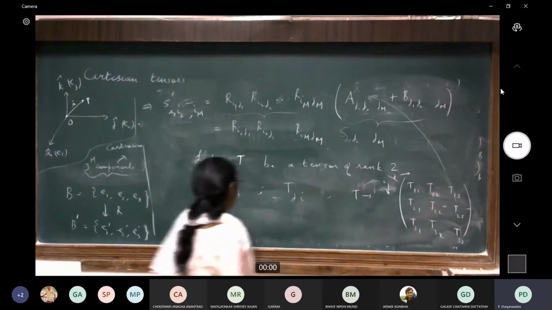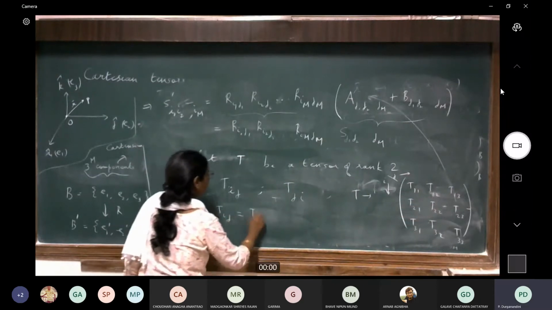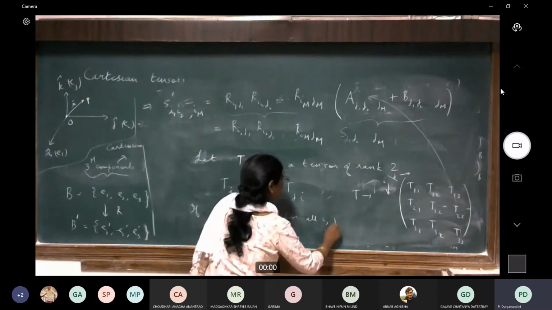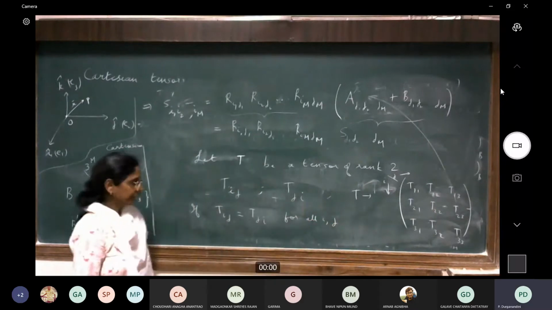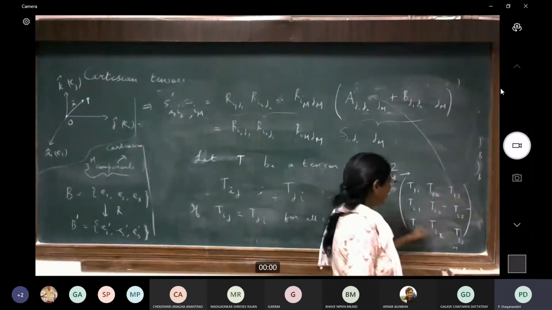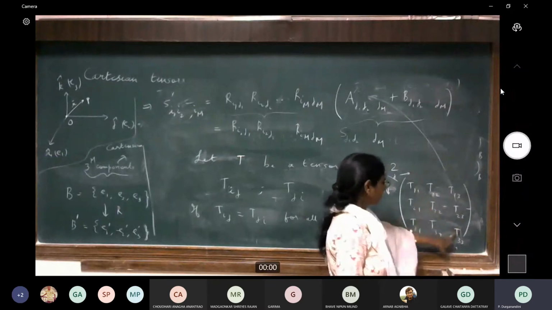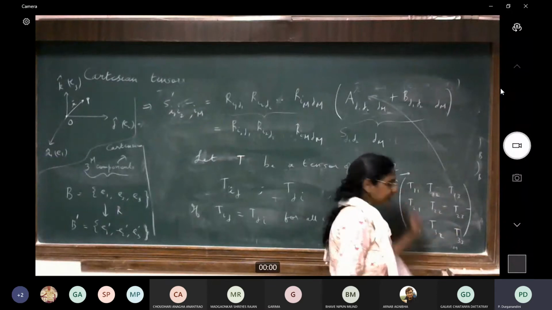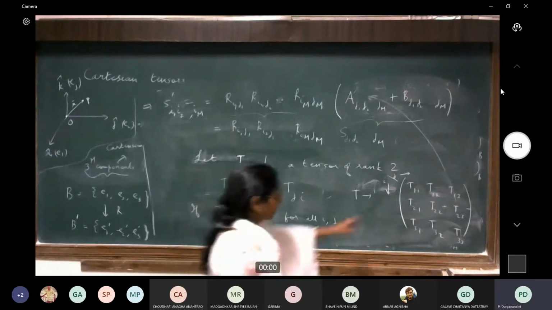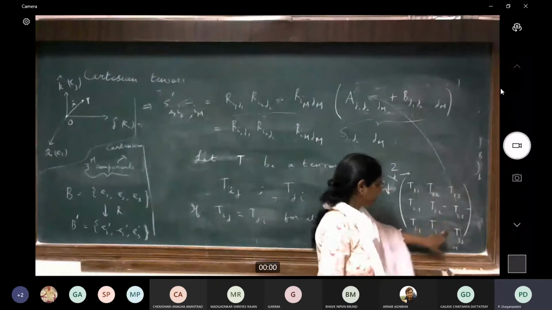Now if your Tij equal to Tji for all i, j, or in other words, T12 is the same as T21, and so on. For the diagonal, it makes no difference because it's T11. Then in that case, what kind of a matrix is this? Think of it first as a matrix. Suppose this element is the same as this element, and this element is the same as this.